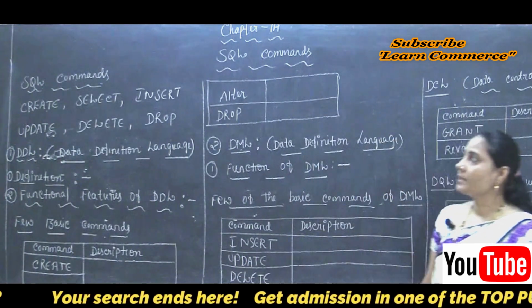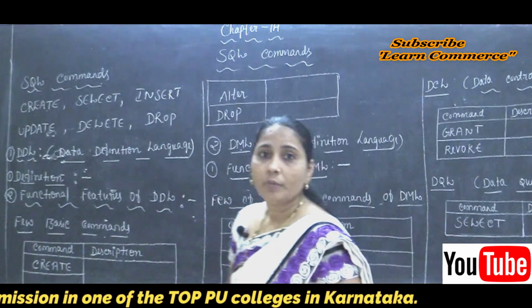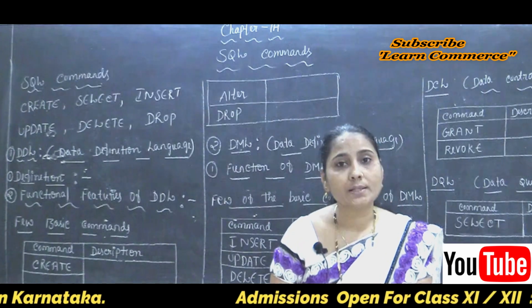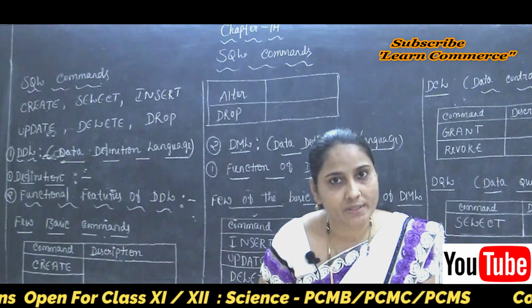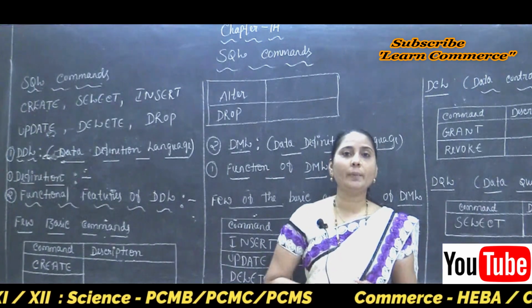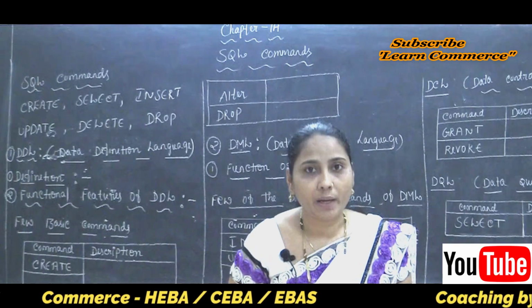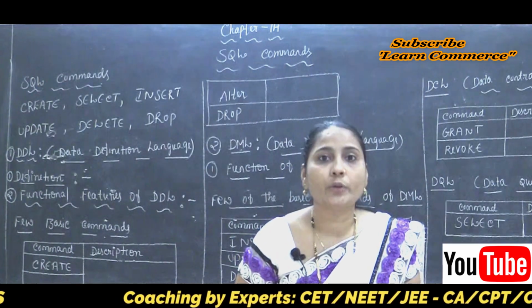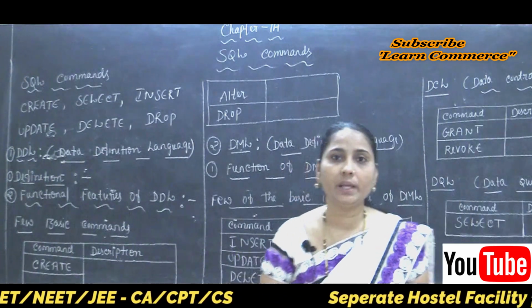In today's class, we are going to learn about the SQL commands. Why? Because the standard SQL commands are used to interact with a relational database management system. The relational database management system, in simple words, is called the table. So these are the commands we use to create the table or to interact with the tables.